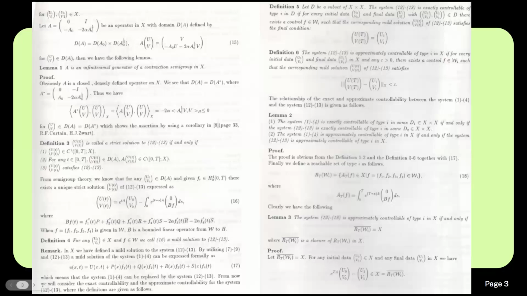Then, from now, we will consider exact controllability and approximate controllability for system 12, 13. Definition 5 and definition 6 can be equivalent to definition 1 and definition 2.